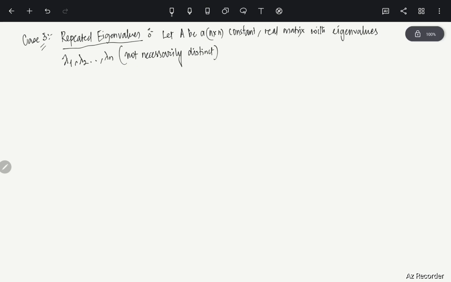Okay, and let there be n, sorry, what am I saying? Not distinct, n linearly independent.